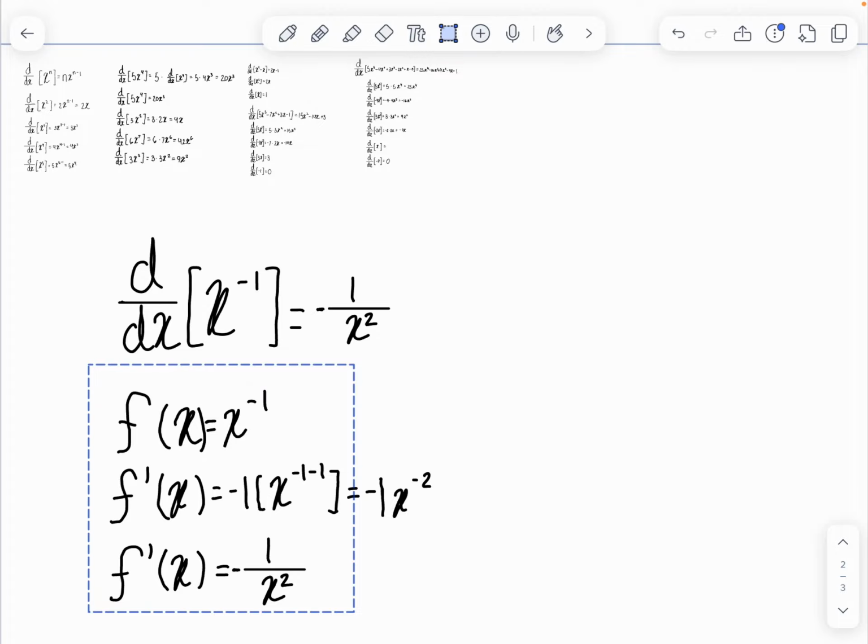Okay, and that is our first derivative question of any power of a negative number.